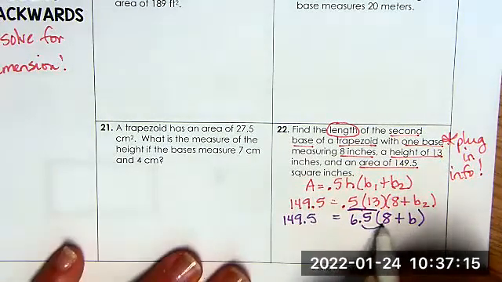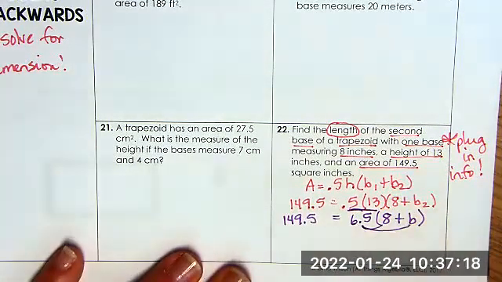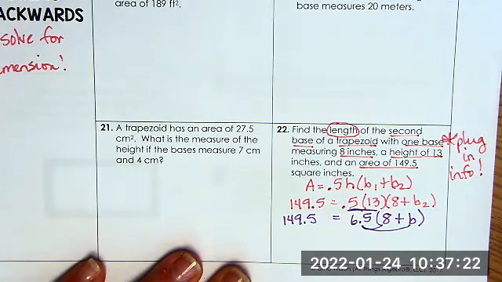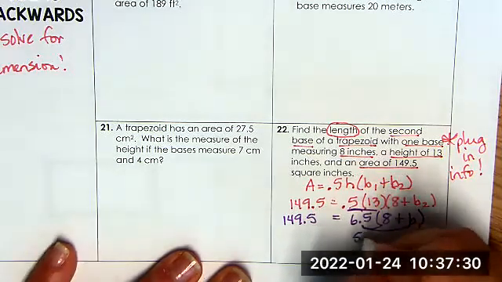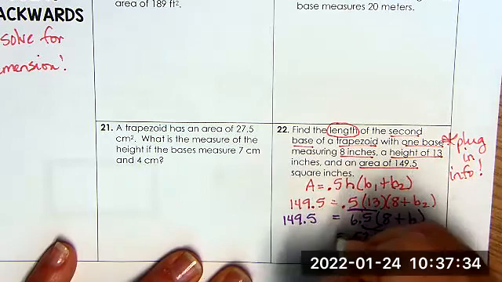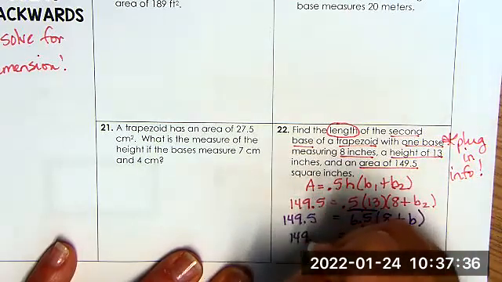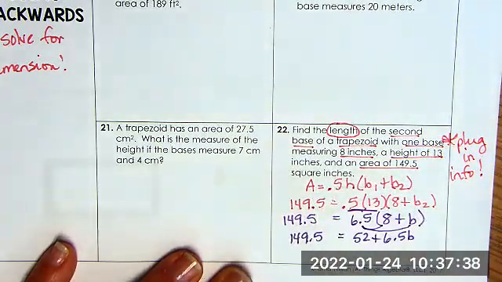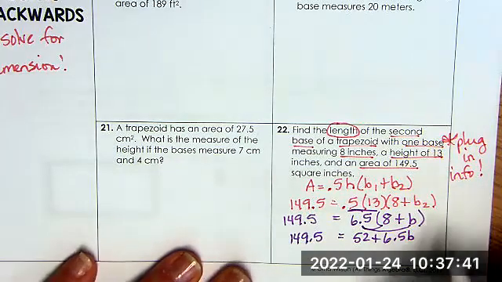So I have to distribute the 6.5 to everything inside. So that's going to give me 6.5 times 8, which is 52 plus 6.5b equals 149.5. There is another way we can work it at that point, but we'll leave it alone for right now.